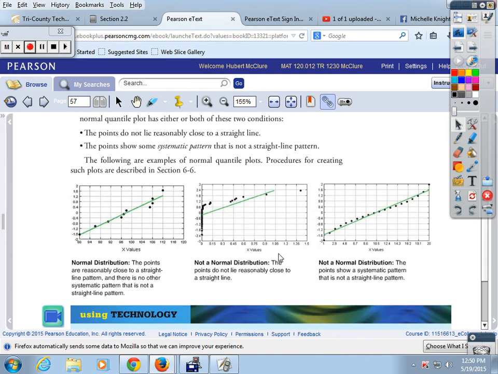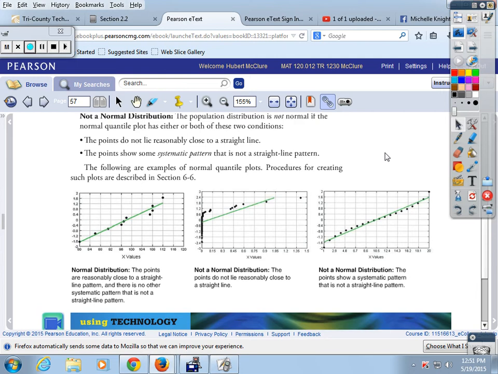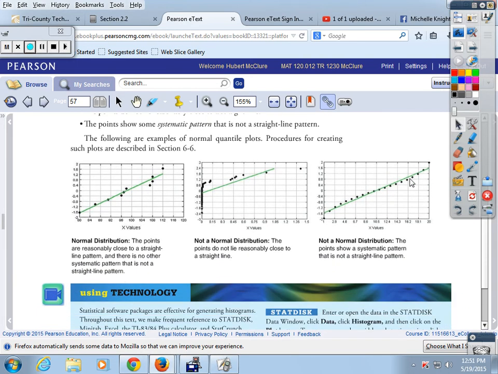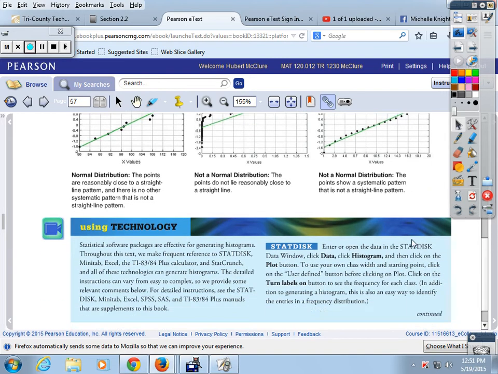Correlation. Remember I told you we were going to get back to correlation. Well, here's correlation. Correlation is pretty much, can you predict something from a pattern? That's what it is. No, that's normal distribution. I thought it was correlation.